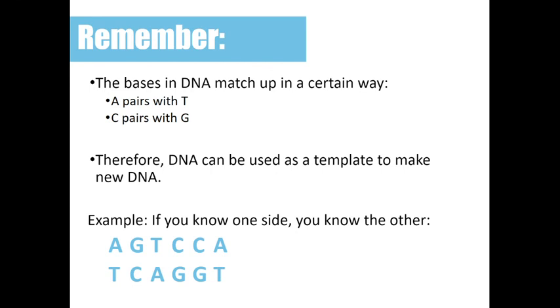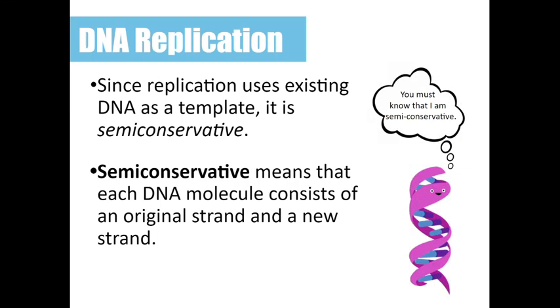So I have an example sequence down here. On the top side, you've got AGTCCA, and on the bottom, you see it is perfectly matched and paired. It is following those complementary base paired rules.